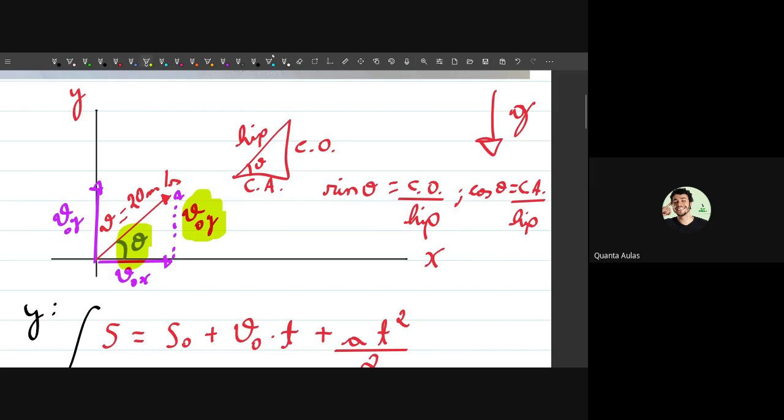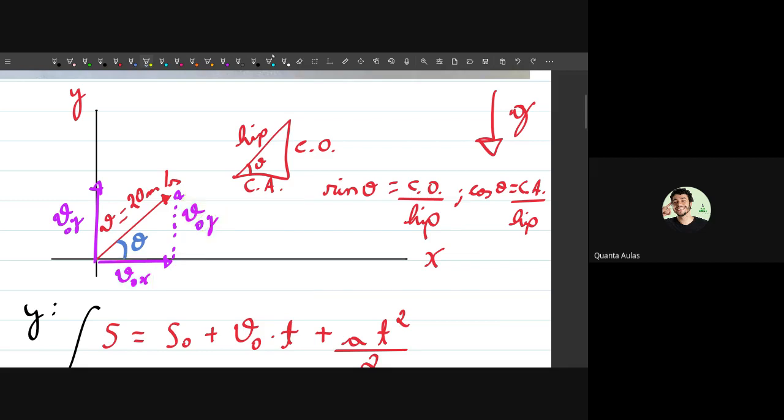Because the y component is always associated with sine, okay? And the x component, so you can memorize, is always associated with the cosine, okay?